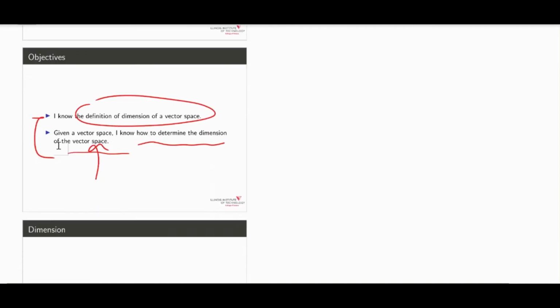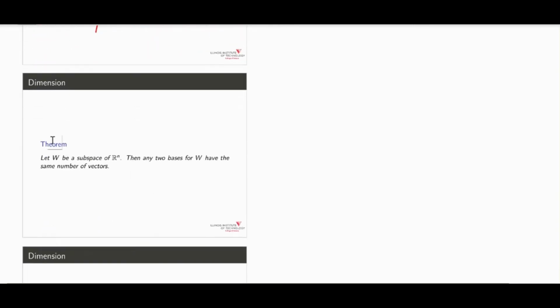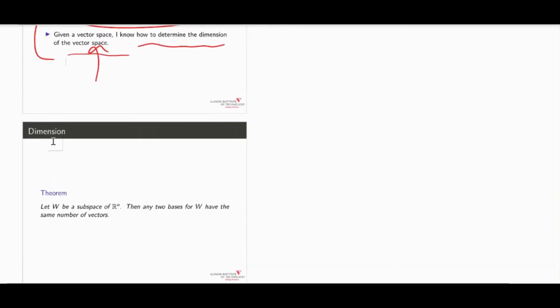Let's begin by looking at one very important theorem that gives you the justification for the concept of dimension. Let's work in Rn, and then we will extend these concepts to other vector spaces. Assume that W is a subspace of Rn. Then the theorem says that any 2 bases for W will have the same number of vectors.